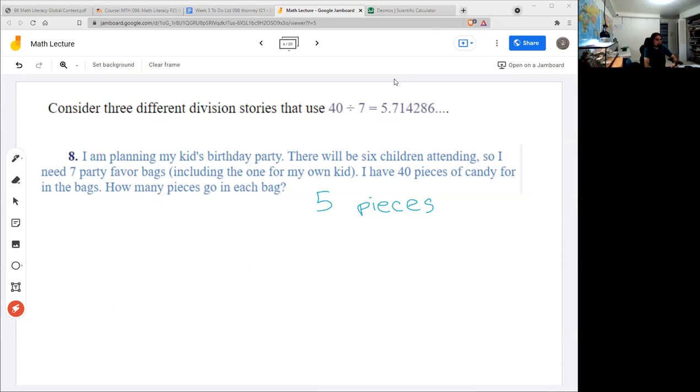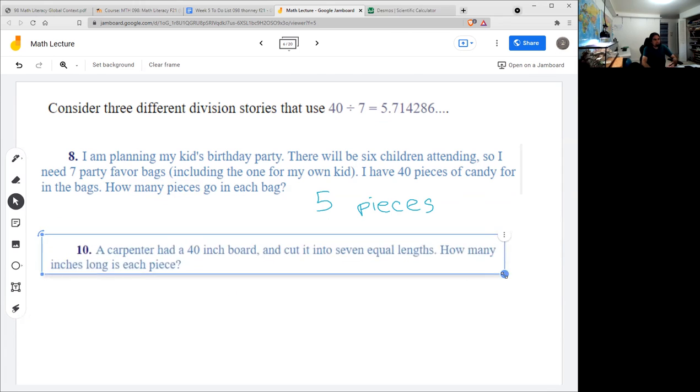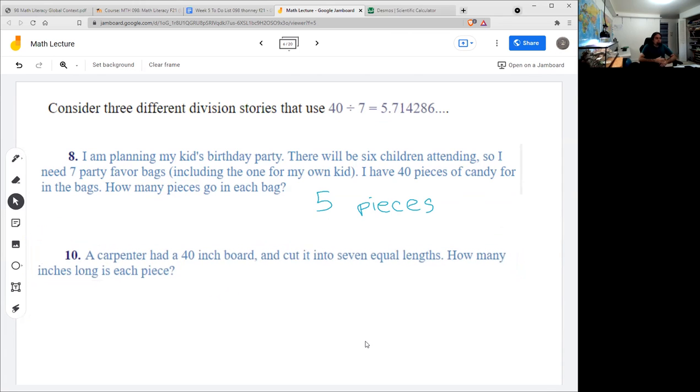Okay, here's another one. I'm going to do these out of the order I normally do. A carpenter has a 40-inch board and cuts it into 7 equal lengths. How many inches long is each piece? Well, maybe 5 inches, but I think I'm a better carpenter than that.